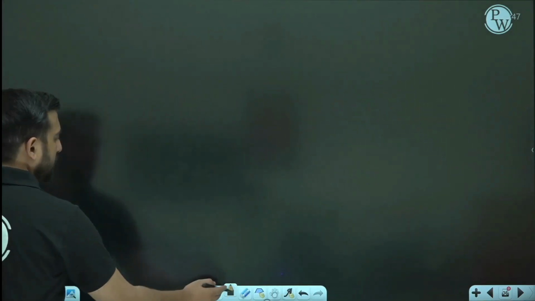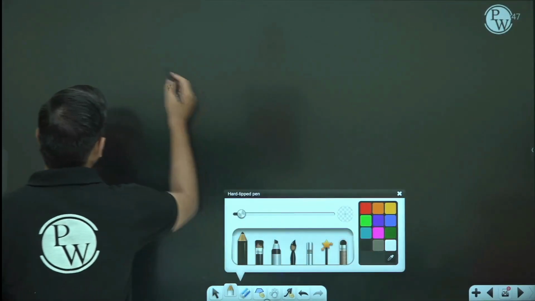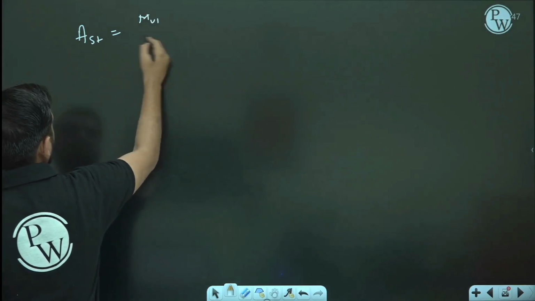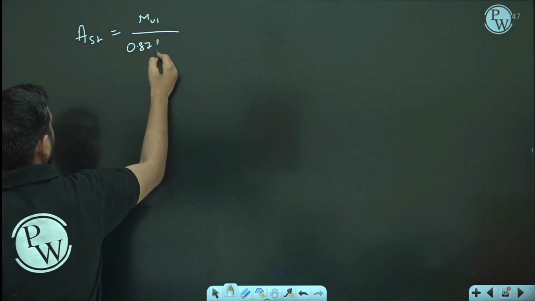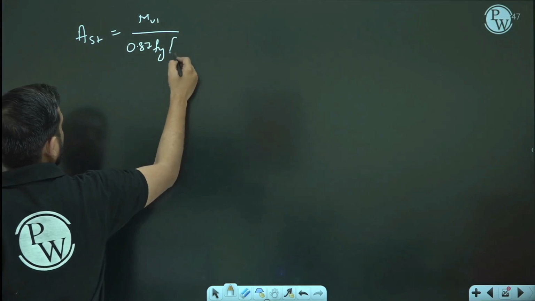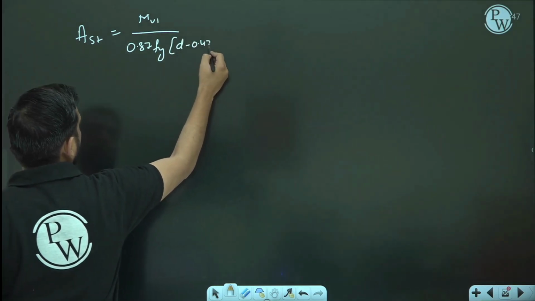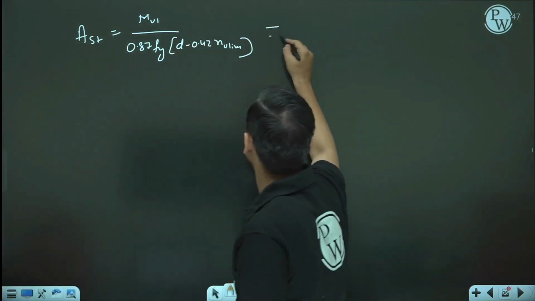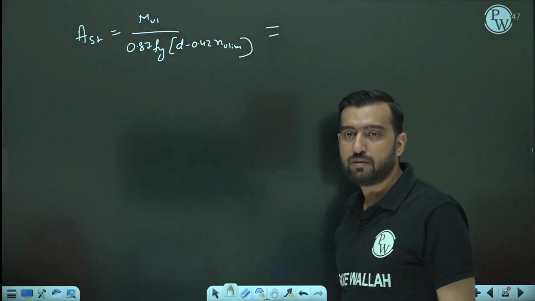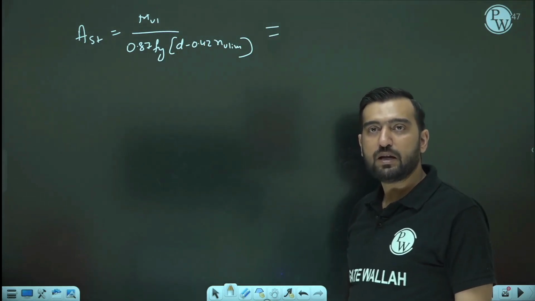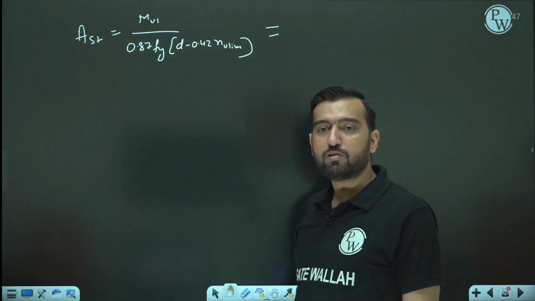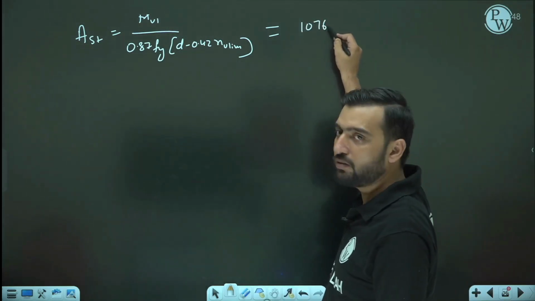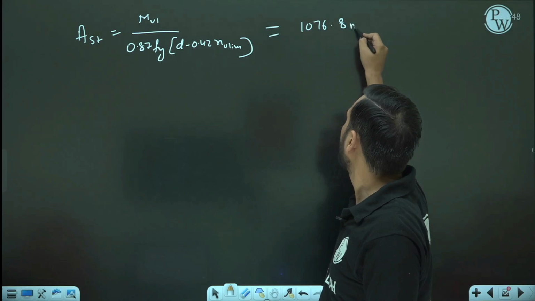So how much is Ast1? It is Mu1 or Mu lim upon 0.87 fy into (d minus 0.42 times xu lim). Putting the value of Mu1, 139 into 10 raised to the power 6, you get the area of steel as 1076.8 mm square.